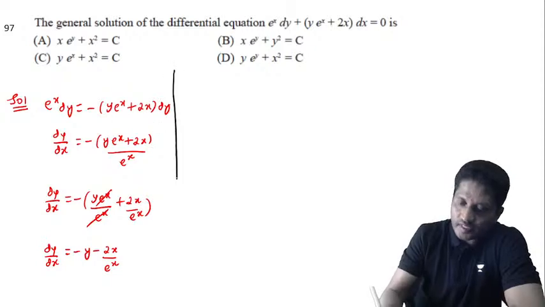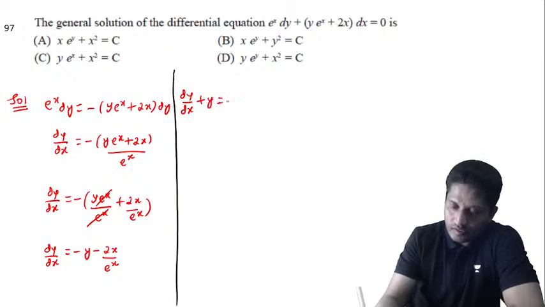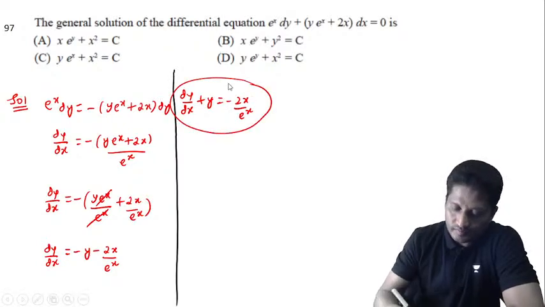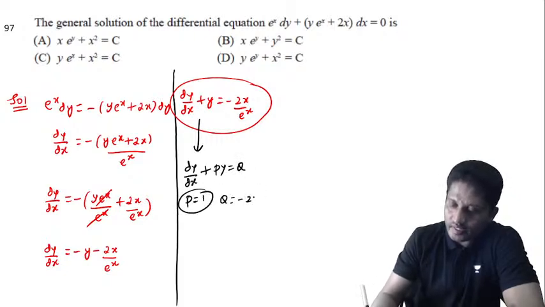You shift on the left side, you get dy by dx plus y is equal to minus 2x into e power x. So this fellow is of the form dy by dx plus py is equal to q. P is equal to 1, right? And q is equal to minus 2x by e power x.